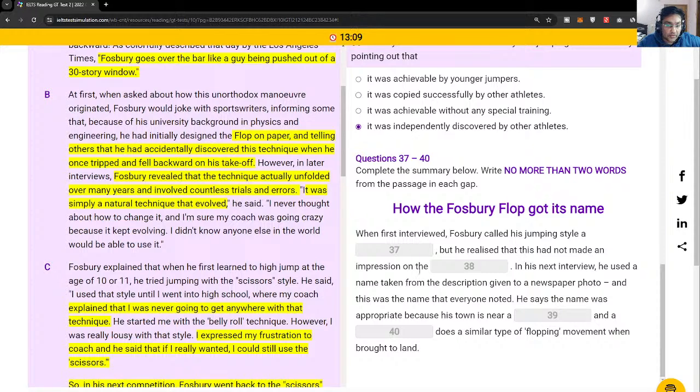This had not made an impression on the dash. 37. Write no more than two words. So up to two words is right. Call this jumping style, natural dash.